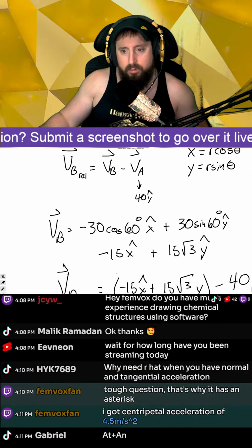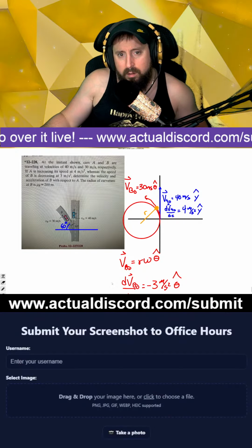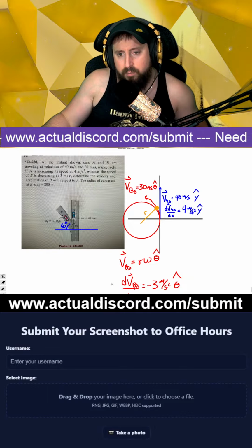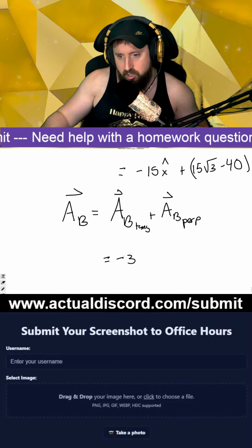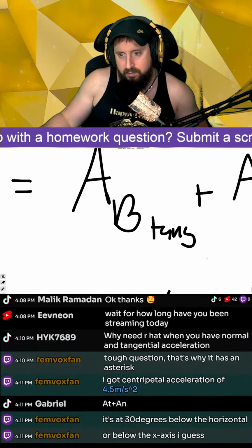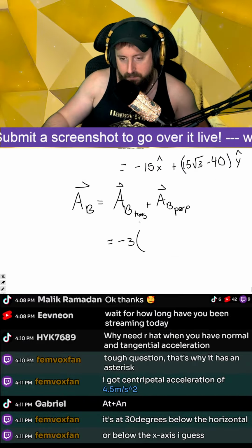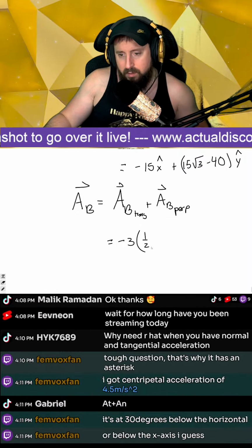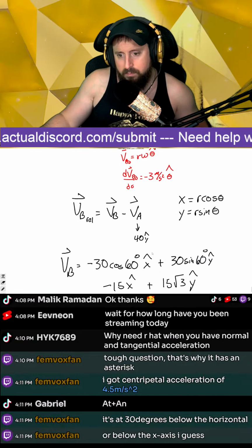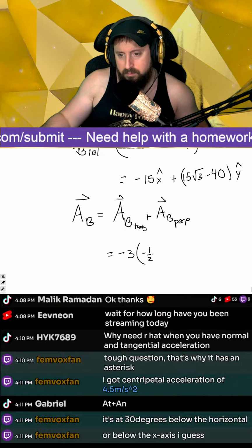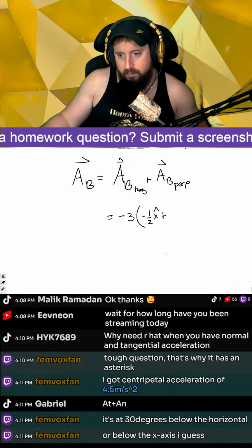And so that's equal to... The acceleration of B is -3. Okay. So that's -3. That's the tangential. And then the direction of that is the same thing we had here, right? So that's minus 3. So that's going to be negative 1/2 x hat, and then that's going to be plus square root of 3 over 2 y hat, right?